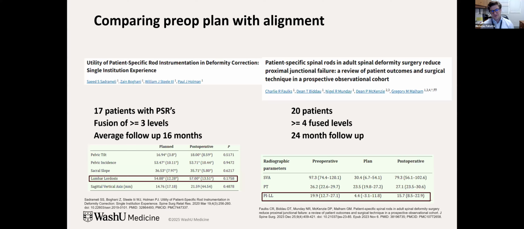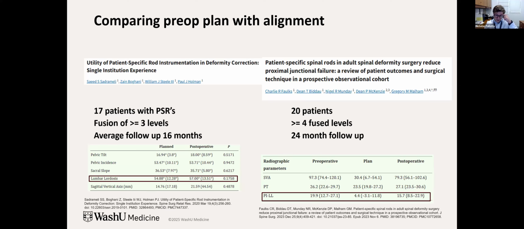You have a second study on the right with a cohort of 20 patients, slightly different, greater or equal to 4 levels fused, but really a 2-year follow-up. Again, looking at the most specific measurement that would address implementation of the plan that was obtained preoperatively versus the actual goals intraoperatively, you can see quite a big difference between the PI-LL mismatch on the plan versus postoperative alignment.